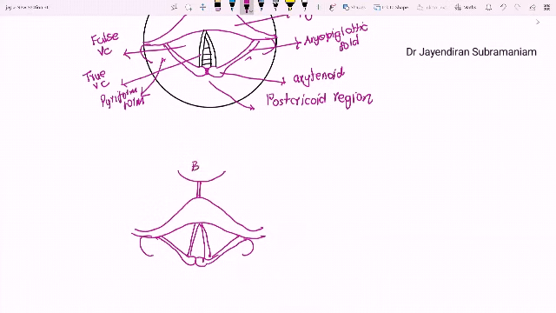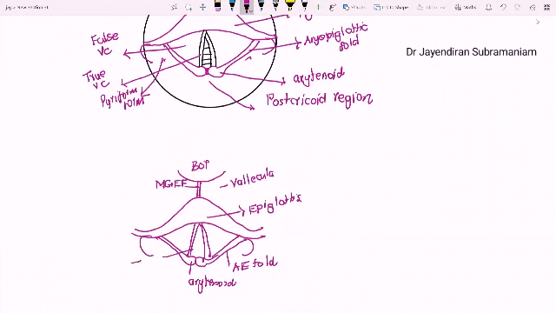So base of tongue, vallecula, median glossoepiglottic fold, epiglottis, aryepiglottic fold, arytenoid, true vocal cord.